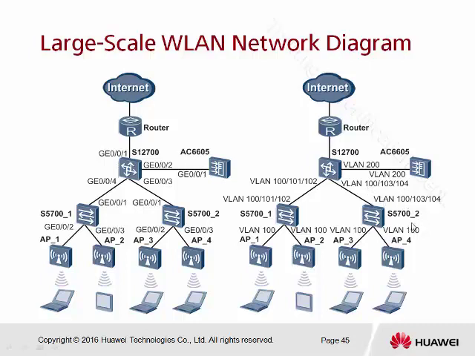So the left and the right are running two different VLANs, except VLAN 100. From here, we can guess VLAN 100 belongs to the management VLAN. So the AP is going to use VLAN 100, and the AC is going to use VLAN 200 as its own management VLAN. This kind of network we call a layer 3 network. In this case, we have to use option 43 in the DHCP server.